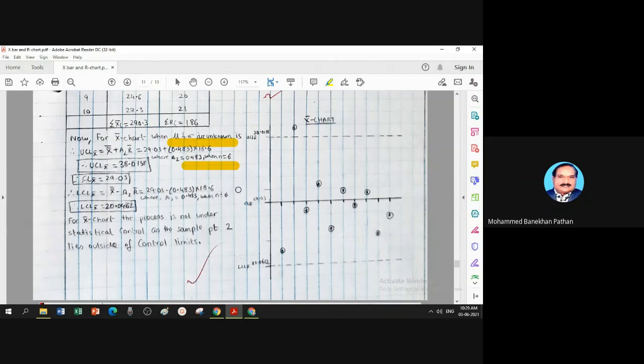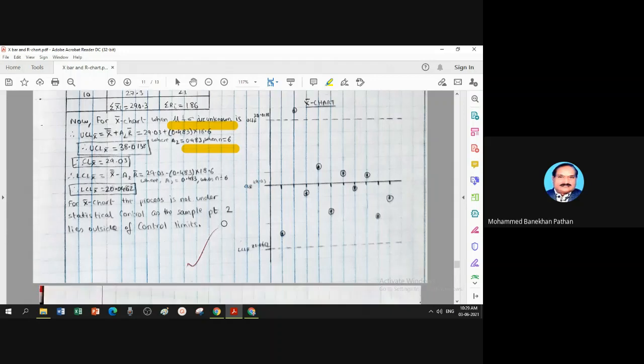And once the R chart comes under control, then on the basis of that, find R bar and calculate your control limits. Here the student has made a mistake. He plotted the X bar chart at the beginning. The conclusion he drew: point number 2 is out of the upper control limit, so he concluded that the process is not under control.